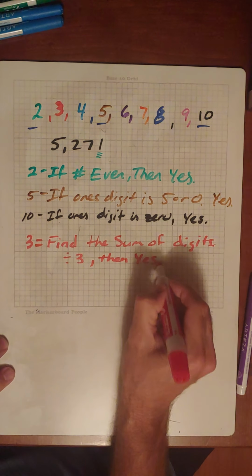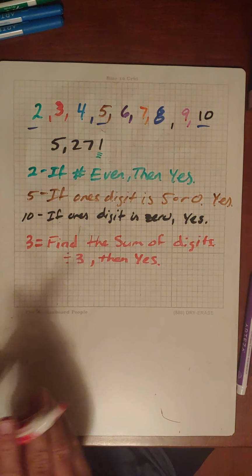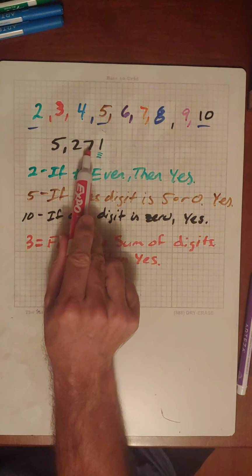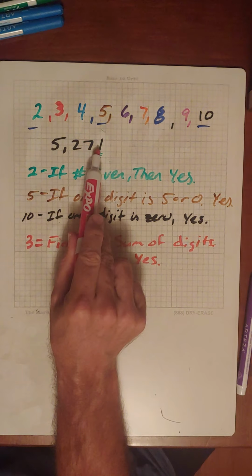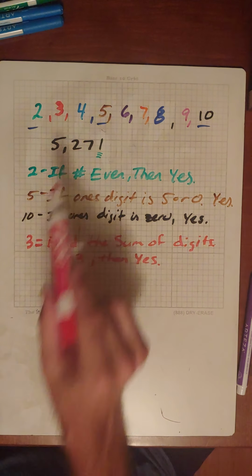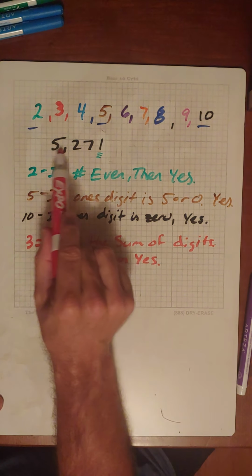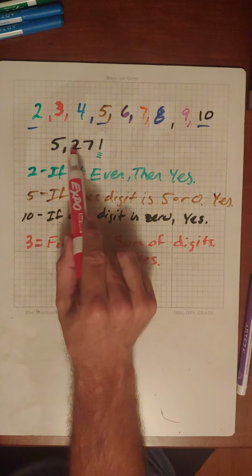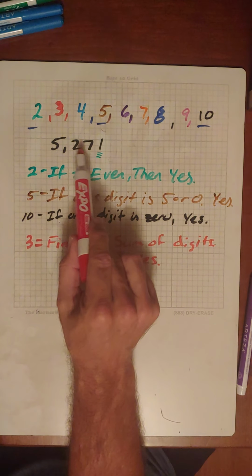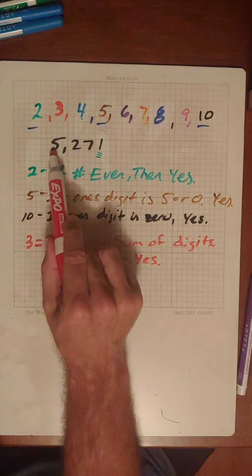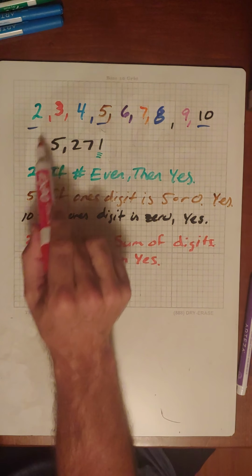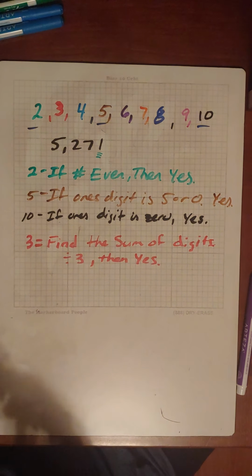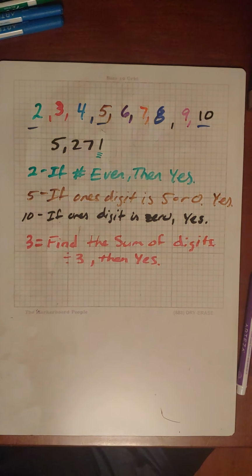Let me show you what that means. I go 5 plus 2 is 7, plus 7 is 14, plus 1 is 15. 15 is divisible by 3, so this number is divisible by 3. So if I add all these digits together, 15 is divisible by 3, therefore the whole number is divisible by 3. That's a pretty cool one.